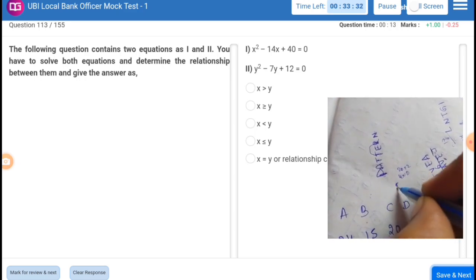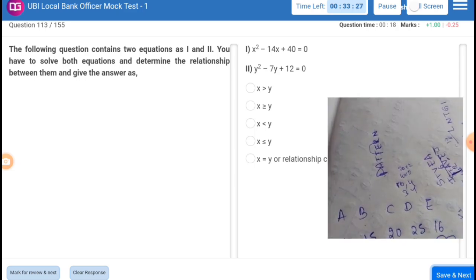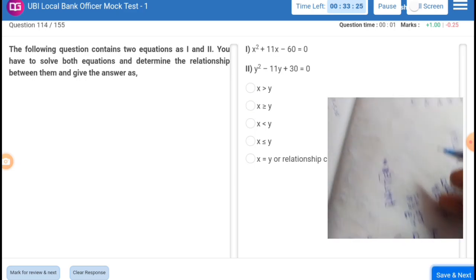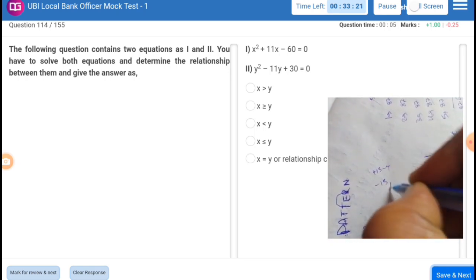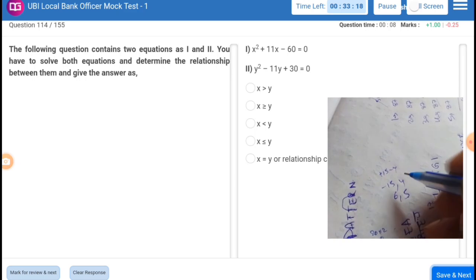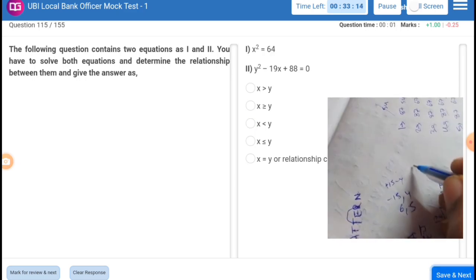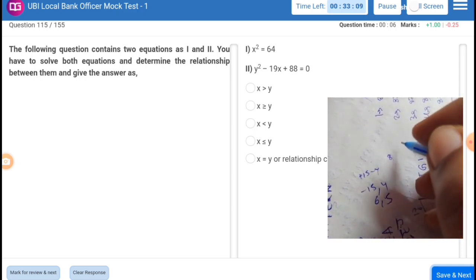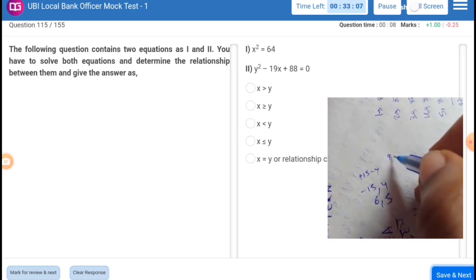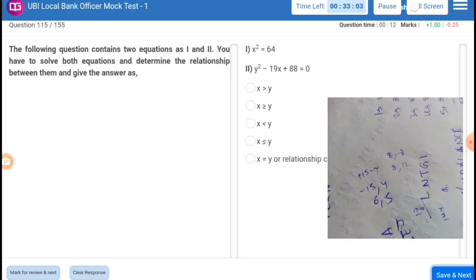So 10 and a 4. X is greater than or equal to Y. Minus 15 plus 4. X is less than Y. x is less than or equal to y.